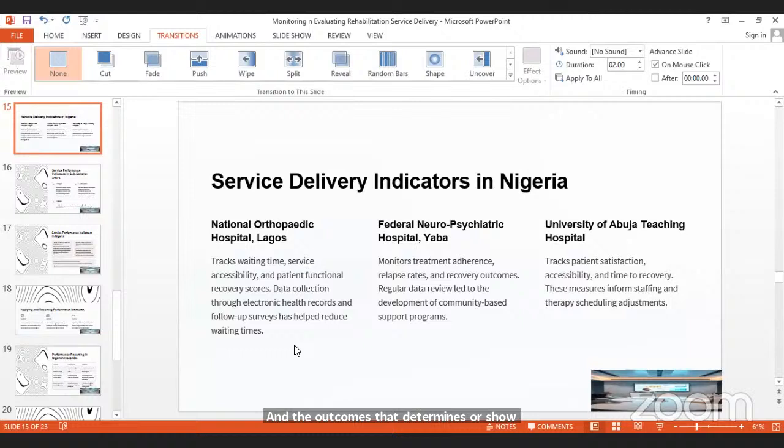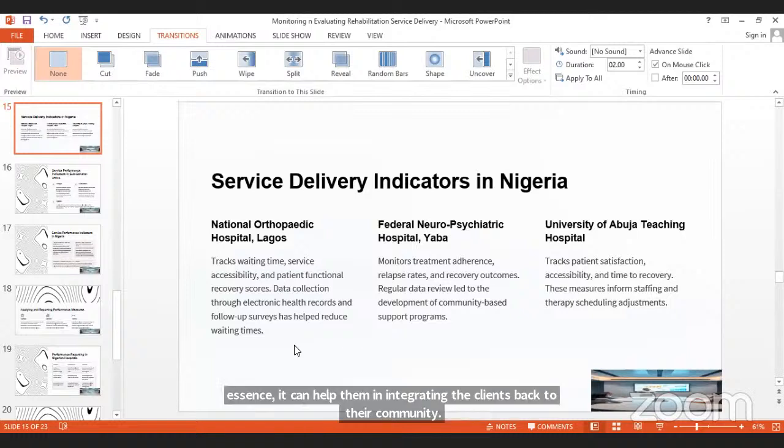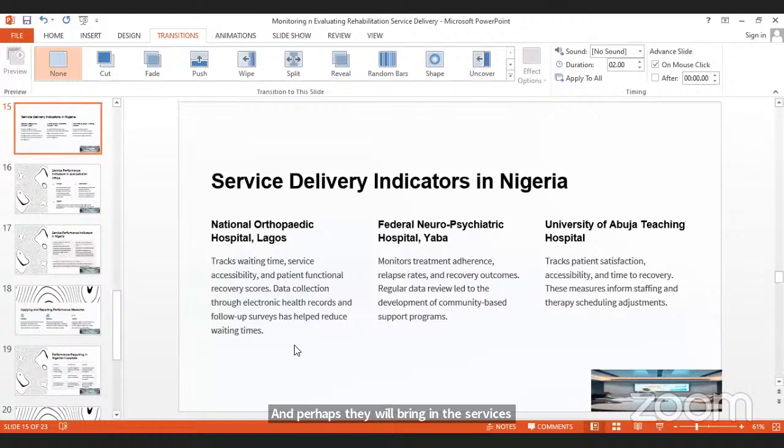By regularly reviewing their data, they identified approaches that let them develop a community-based support program, which helps in integrating the clients back into their community, and perhaps brings services for their clients to the community level.